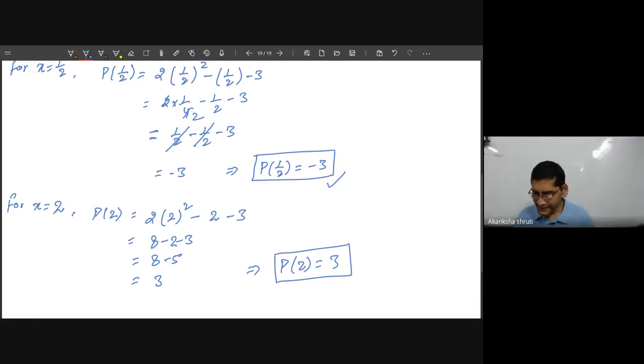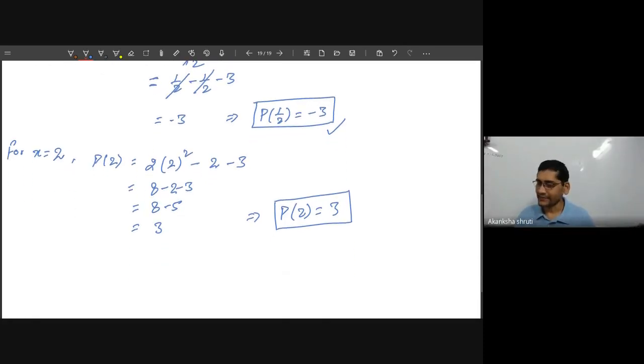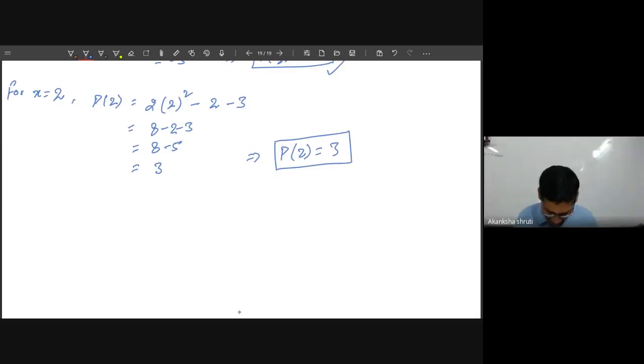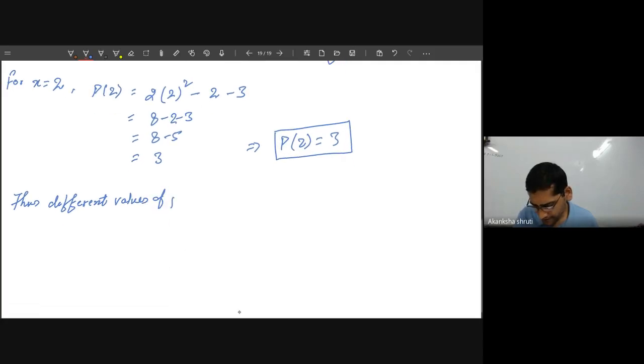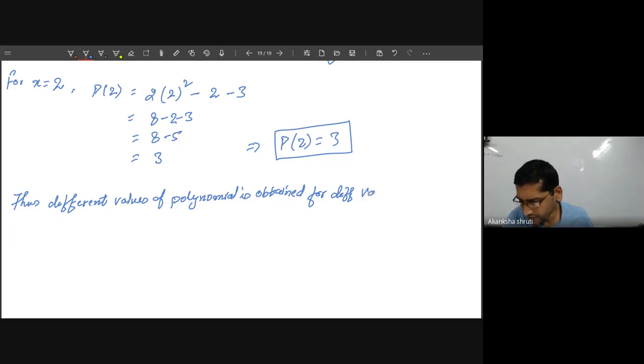So this way, different values of the polynomial can be calculated. Thus, different values of the polynomial are obtained for different values of the variable x.